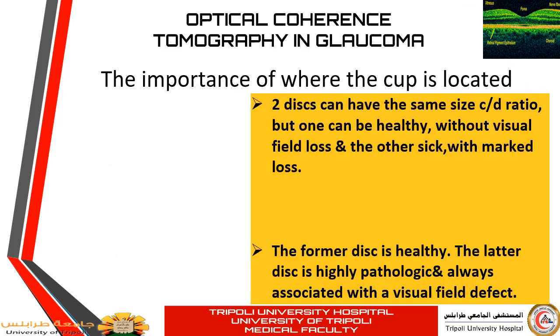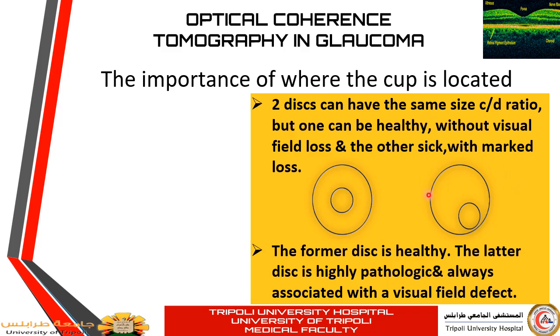All of you know the importance of the relation of the cup to the optic disc. For example, these are two optic discs with the same cup disc ratio. However, one is central, on the left side, and the other one is eccentric or notching. This is eccentric or notching, and this is central.